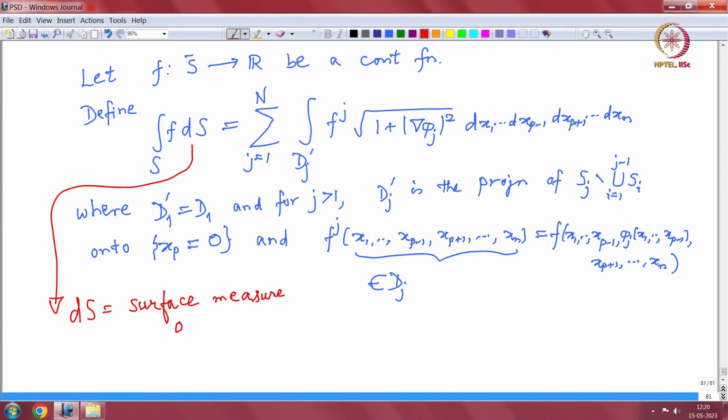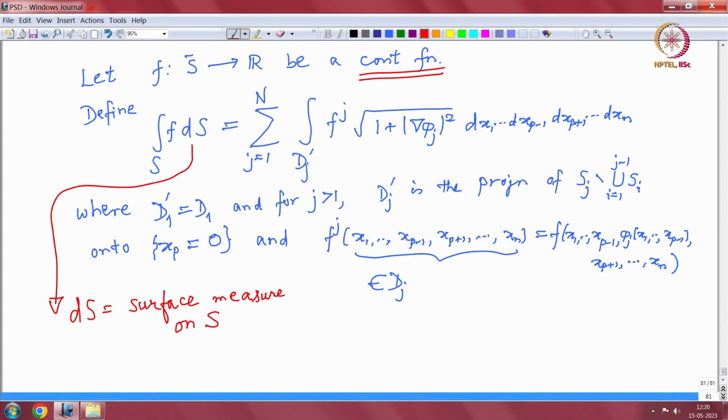Surface measure on S. Okay. So this, of course, just remember, we are doing it for continuous functions. So here you can just use the Riemann integration, so there is no problem at all. Okay, so that is fine.